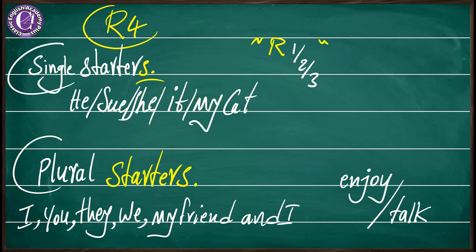You do not need to add s to any of these. But when enjoy goes for single starter, we have some special rule. When talk goes to single starter, we have some normal rule, because talk is a very simple verb without any rule. When we do not have any rule, we just add s to the verb.